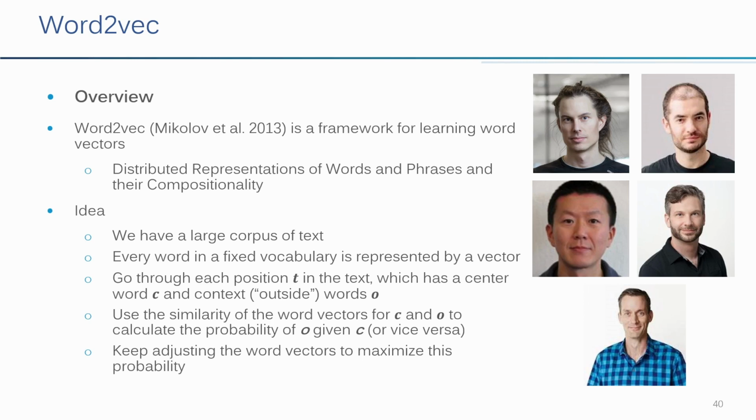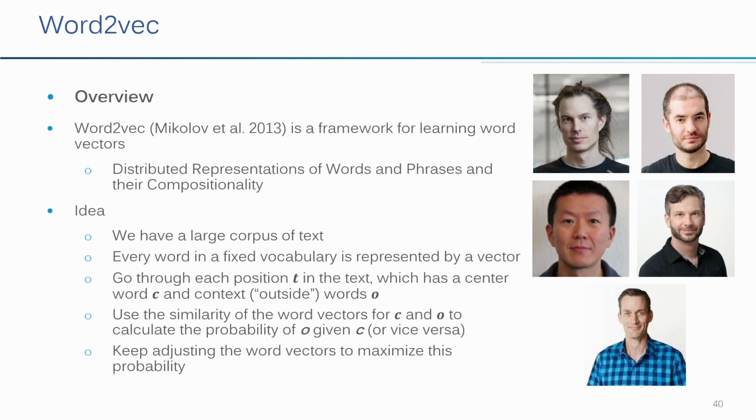And then, again, we go through each position t in the text, which has a center word c and a context or outside word o, and we'll work out how we can actually derive these probabilities and use them to represent our words, okay? And all these vector representations, in the beginning, are randomly initialized.